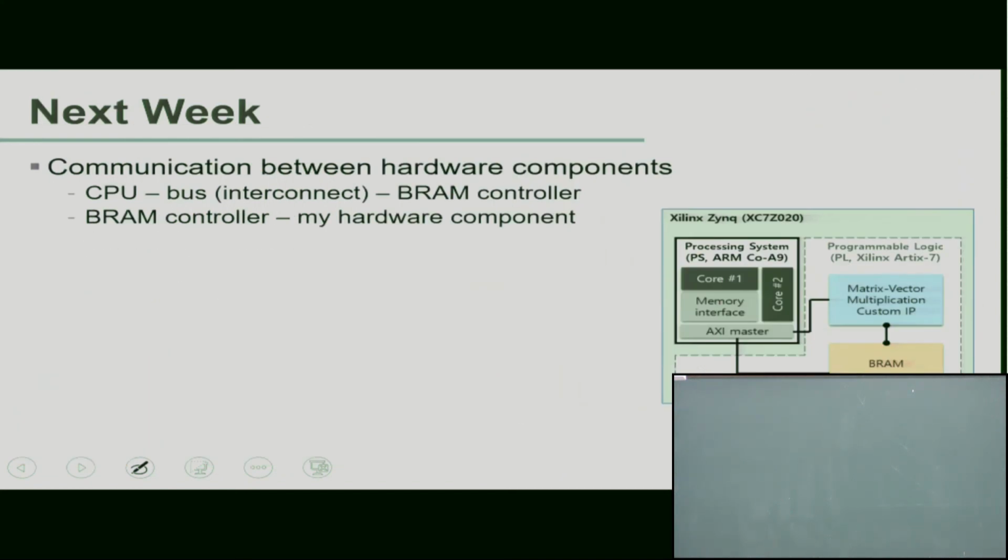Next week, lab 7 is about communication between hardware components. What we're going to add to this week's lab is custom components. We will ask you to write some Verilog code to build your own IP, your own logic. Then we're going to make your logic, the BRAM, and the CPU work together as one system.